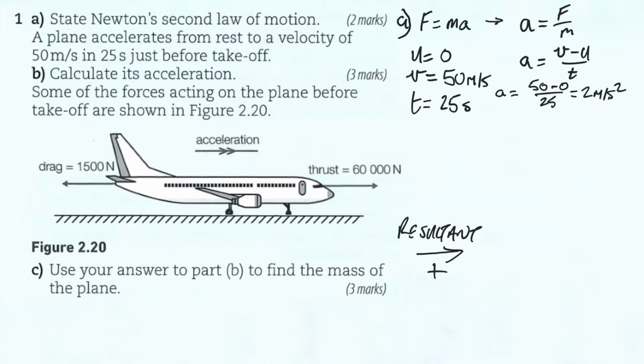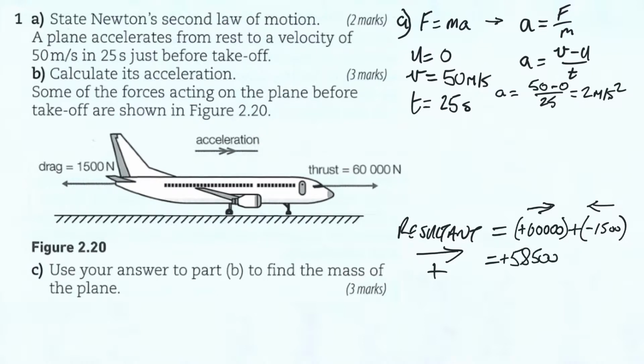So if I calculate a resultant taking to the right to be positive, then I can count the 60,000 newtons as a plus value and add it to a minus 1500 newtons to get the net forward thrust. So all I'm doing is adding all the forces together, but the plus here tells me that one points that way and the minus tells me that this one points that way, and I'm just adding them together and seeing what I get.